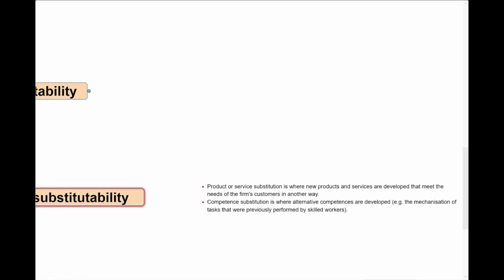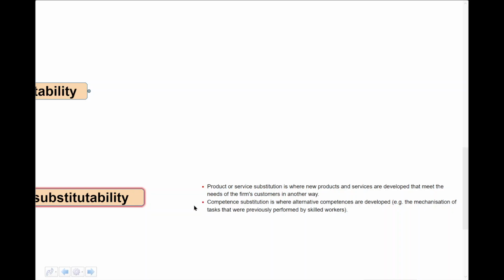A simple example would be a cell phone versus a landline phone. They could be used in the same way, but they're not quite competitors. In one sense, they do satisfy the consumer's need to make a phone call. So to what degree could our product or service be substituted in some way?